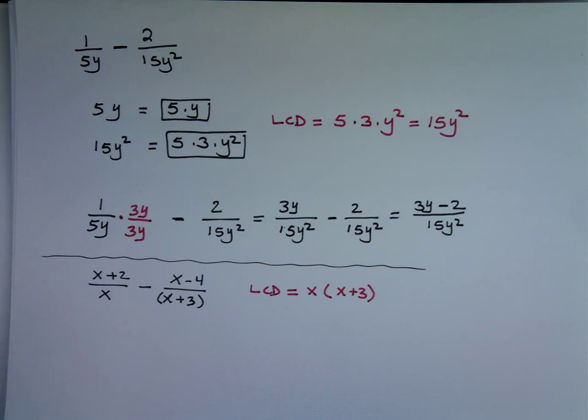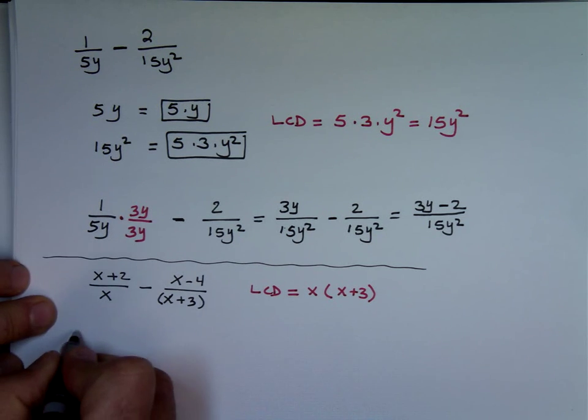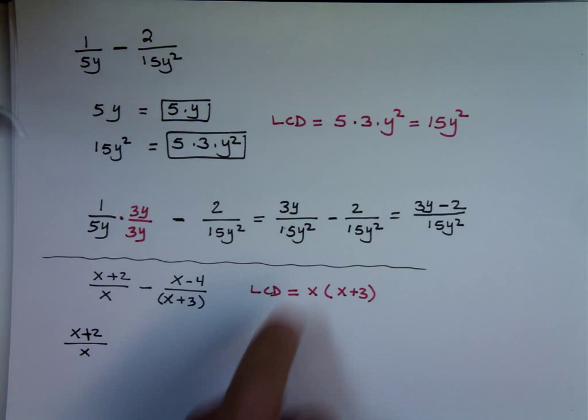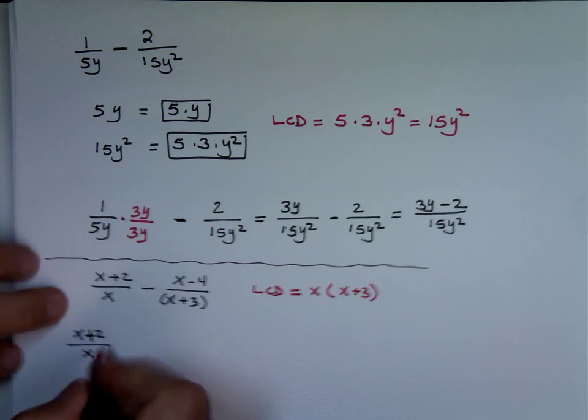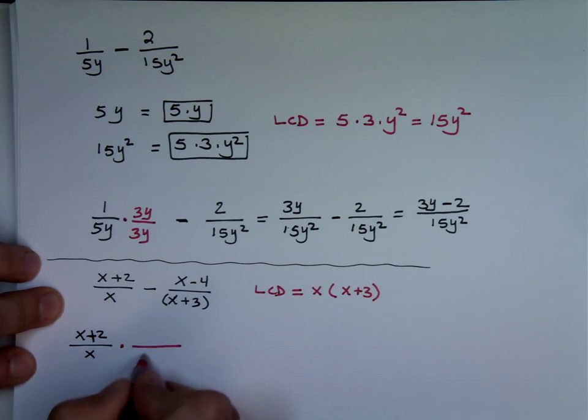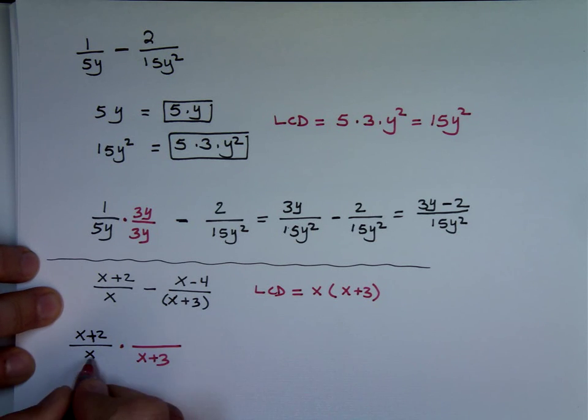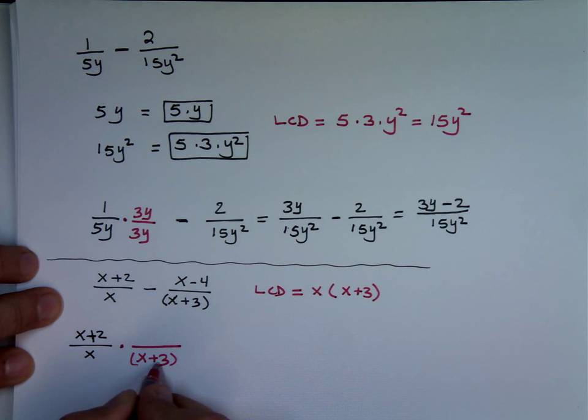So here's the first one. How would I make the bottom x times x plus 3? That's only if I multiply it by x plus 3. I already have the x here, so I need to multiply it by this one. Well, if I multiply the bottom by this, I need to multiply the top by the same thing.